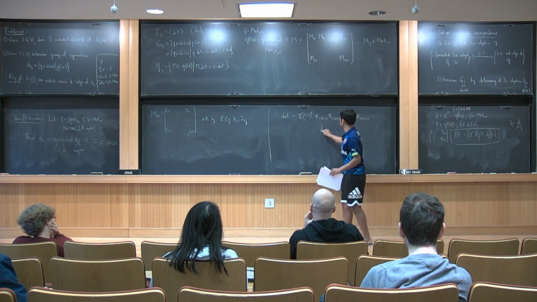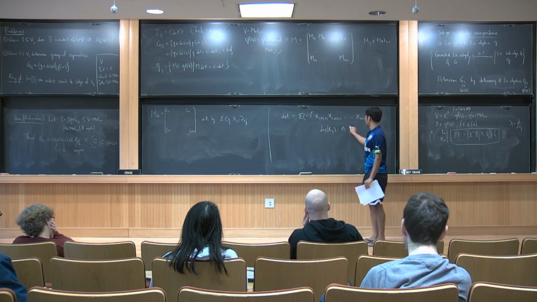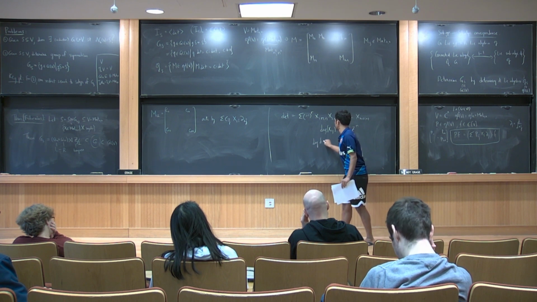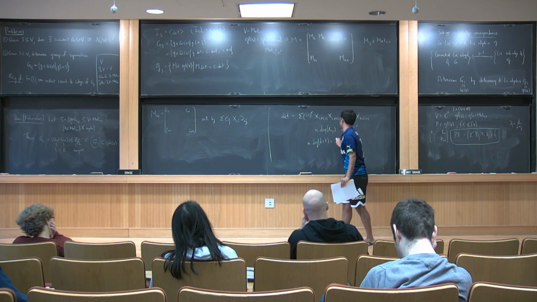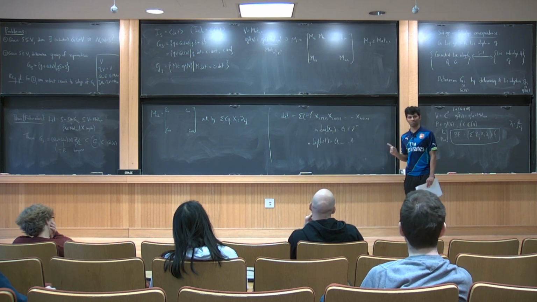So if I set the degree of xij to be ei, the ith coordinate vector inside Z to the n, then I call this the multi-degree of the determinant. Every monomial has this multi-degree.